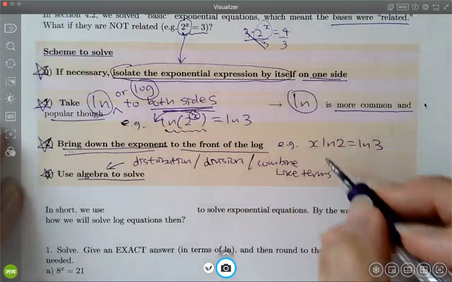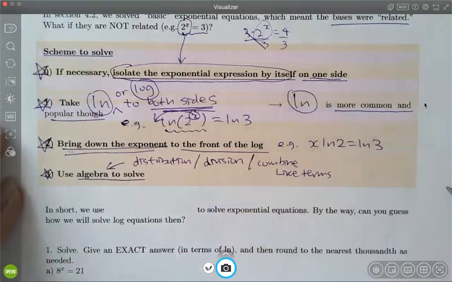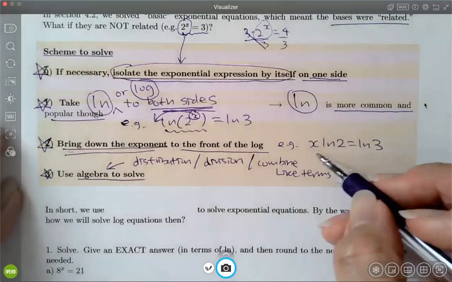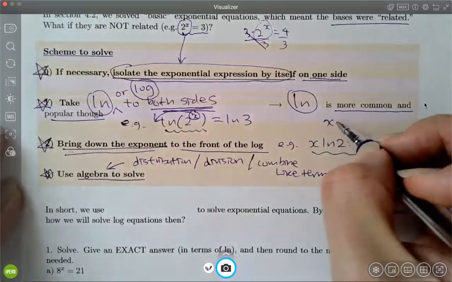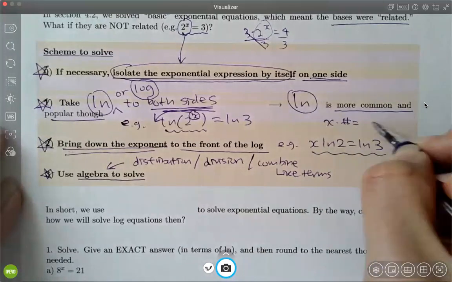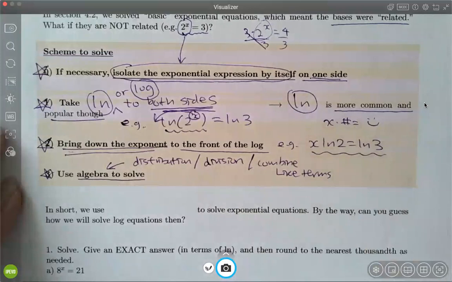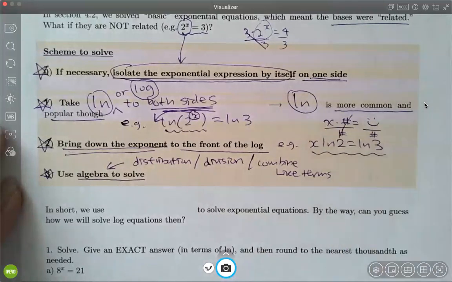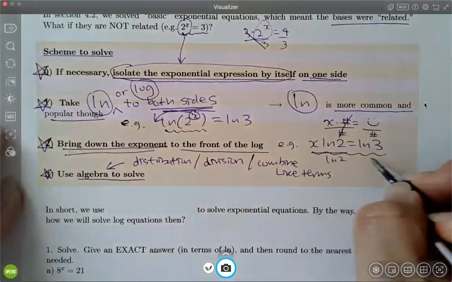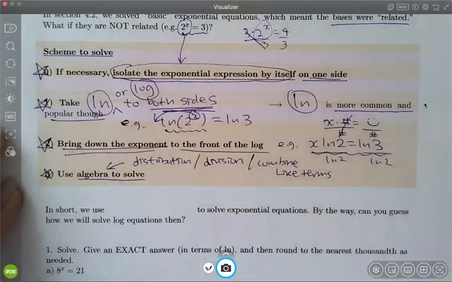For this problem, it's quite simple, so we only have to do the division. Why? Because if we look at this equation carefully, we have x times some number is equal to some other number. So how do you isolate x? Just divide by what's behind x. So what do you do here? Divide by ln 2.